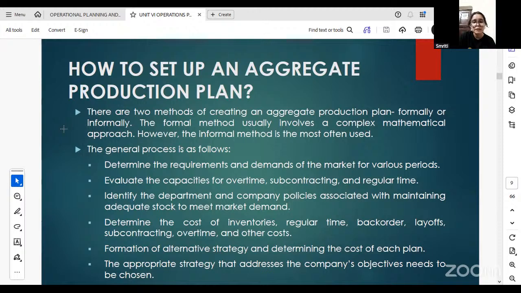Evaluate the capacities for overtime, subcontracting, and regular time. Identify the department and company policies associated with maintaining adequate stock to meet market demand. Determine the cost of inventories, regular time, back order, layoffs, subcontracting, overtime, and other costs. Formation of alternative strategy and determining the cost of each plan. The appropriate strategy that addresses the company's objectives needs to be chosen.